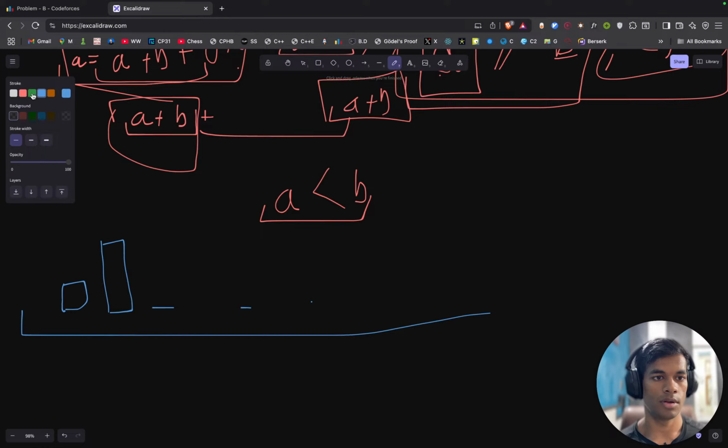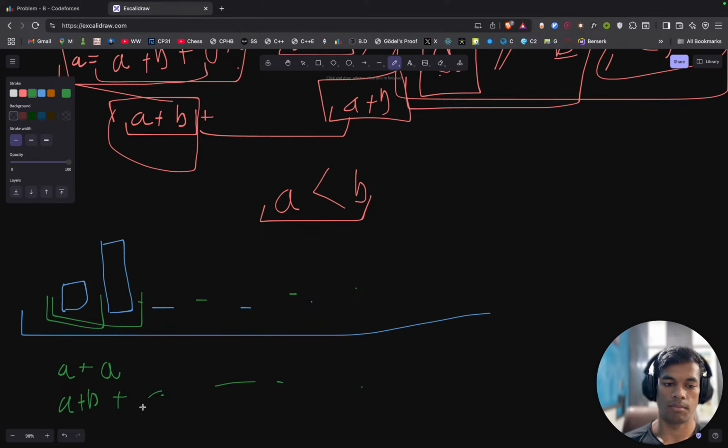So the minimum of this would be just a, then plus the minimum of this would be a, and then we'll go on and find the minimum. That would be if I do not perform the operation. But if I do perform the operation, I would get A plus B plus 0 and so on. This would be the answer.